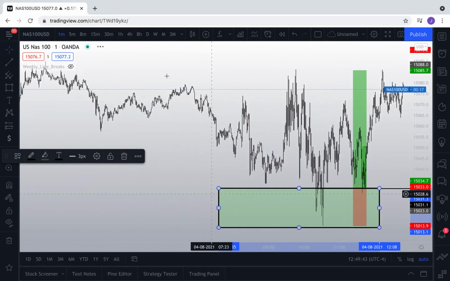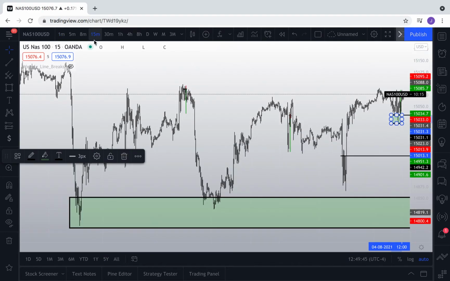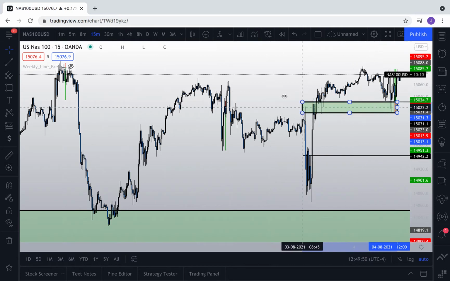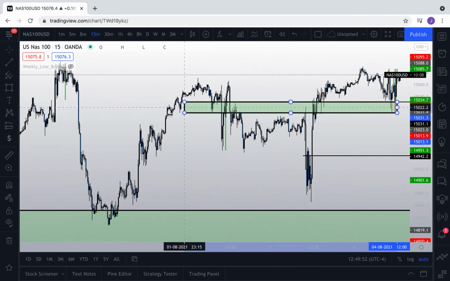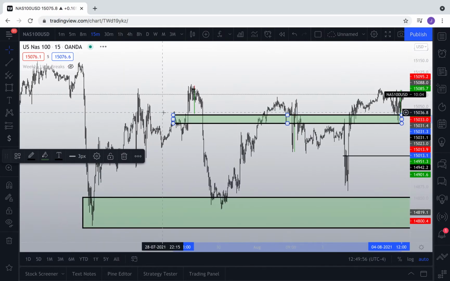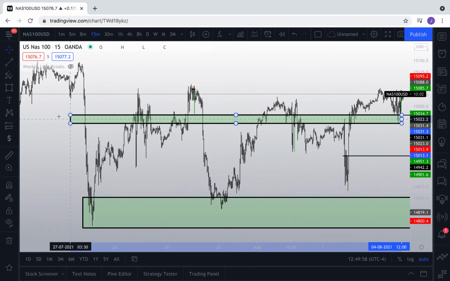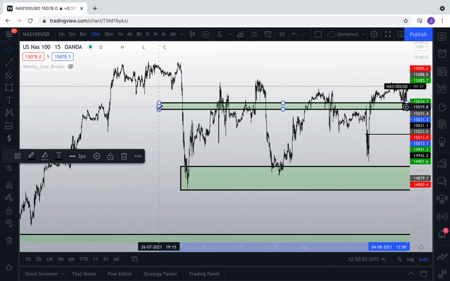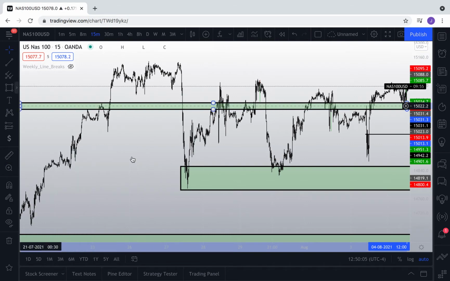And as you can see, as I start to extend it to the left, this will become a major floor/ceiling, major support/resistance, major supply/demand zone. Just all the way across the board.